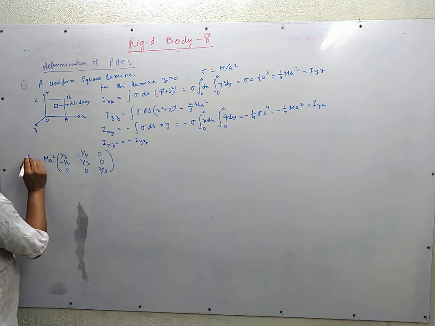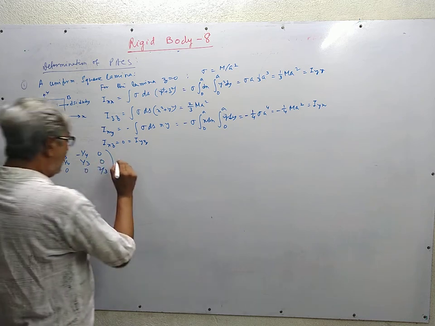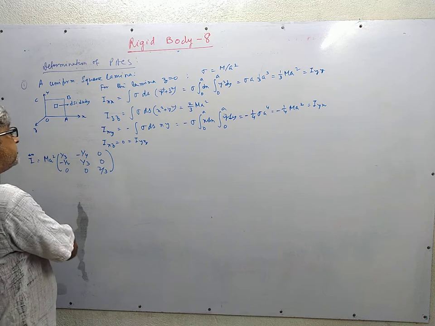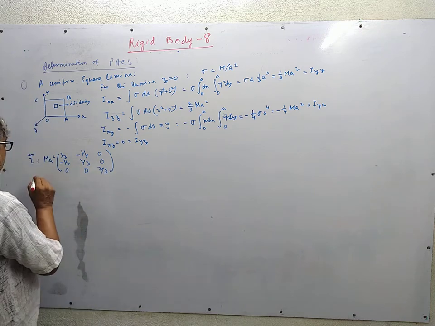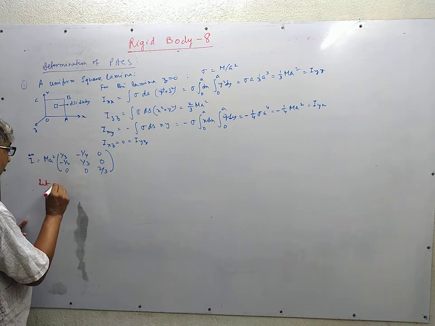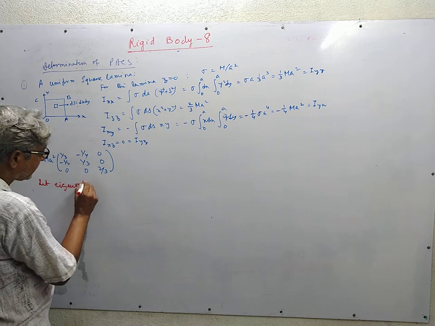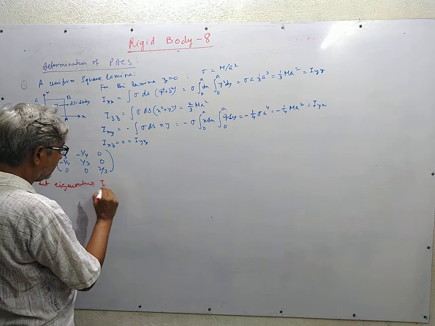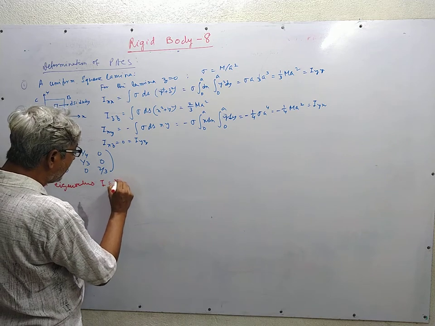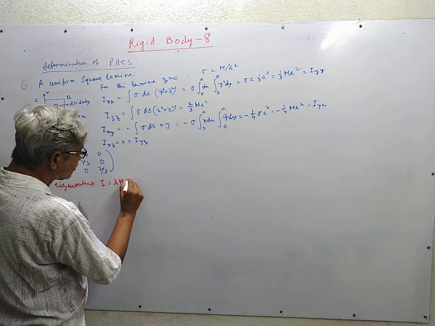Let the eigenvalues be I equal to lambda m a square.